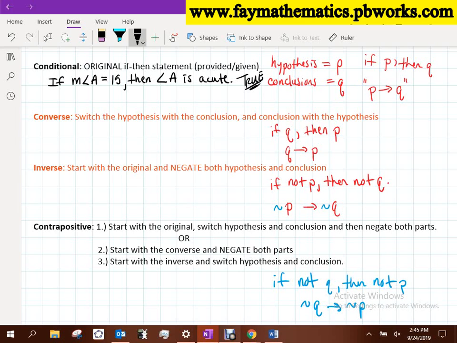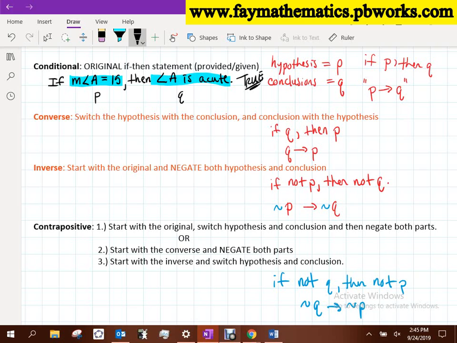Now I want to come up with the converse. The converse says you switch the hypothesis and the conclusion. So there's my hypothesis, and there is my conclusion. Maybe instead of using H, let's use P and Q. So there's my P statement, and there's my Q statement.